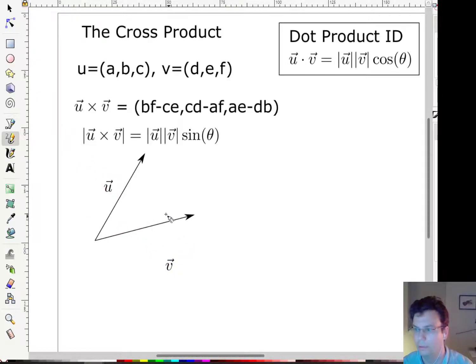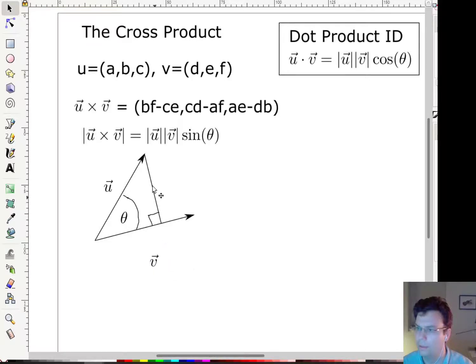I'm going to do the same thing and drop a perpendicular, because I want to deal with this right triangle again. But this time, instead of looking at the cosine, which was the adjacent, I'm going to look at the sine.